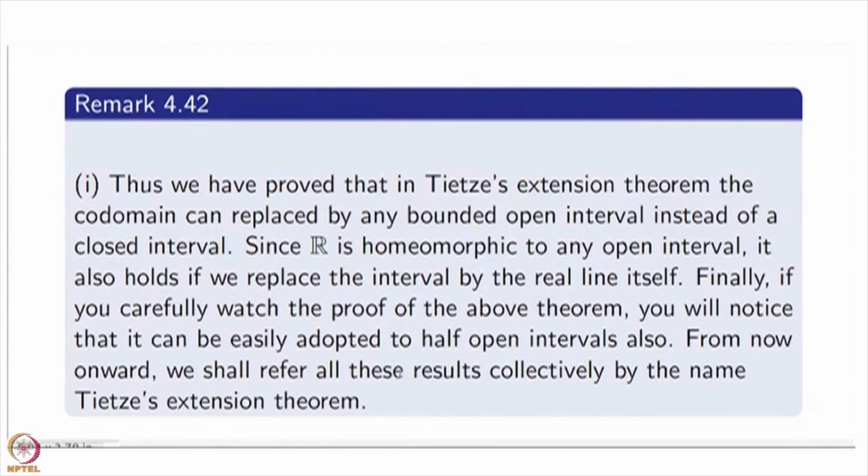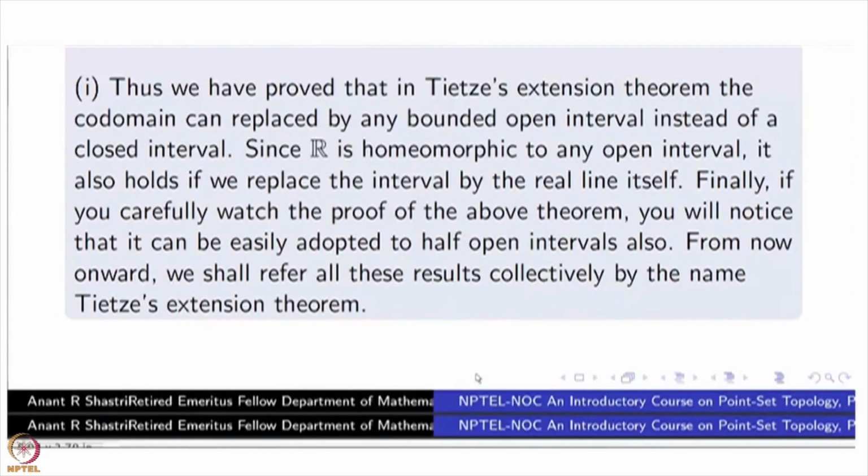Given a continuous function g on a closed set, taking values in open (a, b), open R, closed [a, b], closed a open b, whatever codomain you take, there is a continuous extension of the function g to a function f on the whole of X in the same codomain. So that is the way you have to understand the Tietze extension theorem at various places. Whichever form is necessary for you, you can use that. All right?